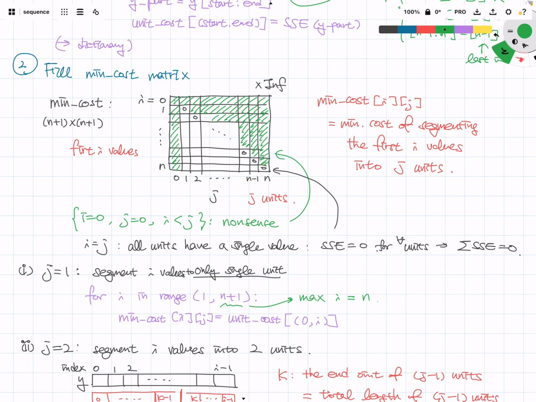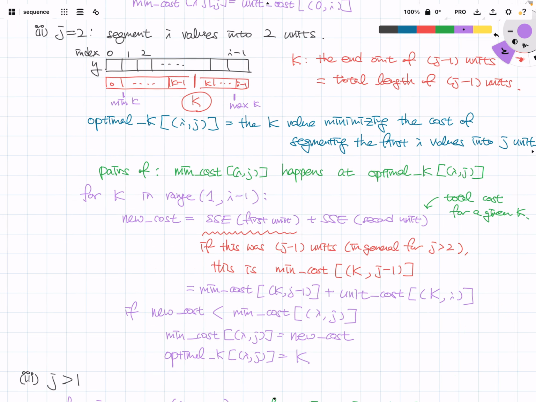So we just filled out the first row when i equal 1. This is easy. And then we take a good look at how we can fill out this second i equal j, the third column, where is j equal 2.